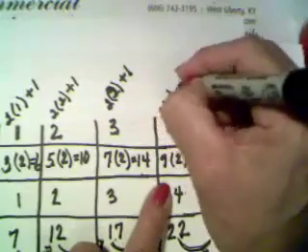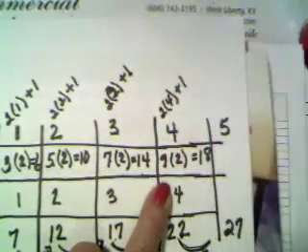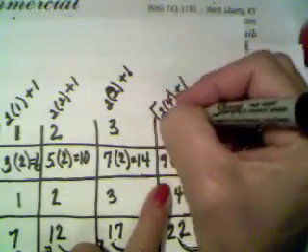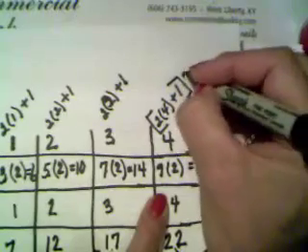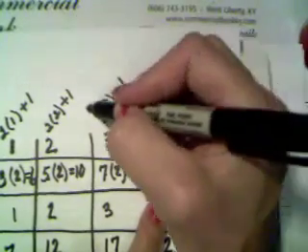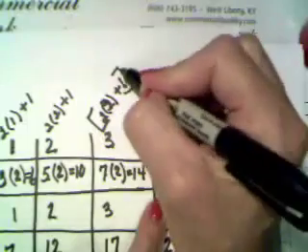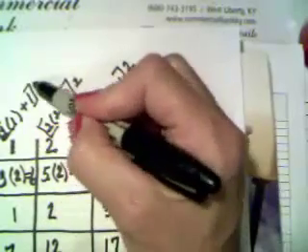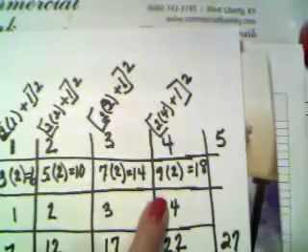And then, because there are 2 columns, I will double that. And that will get me the total in both columns.